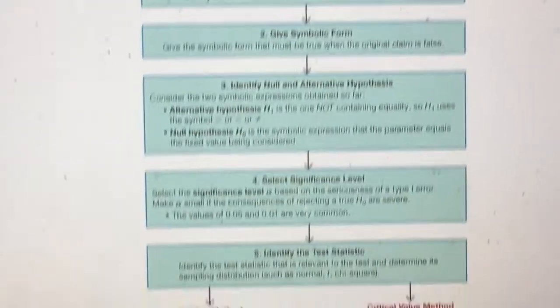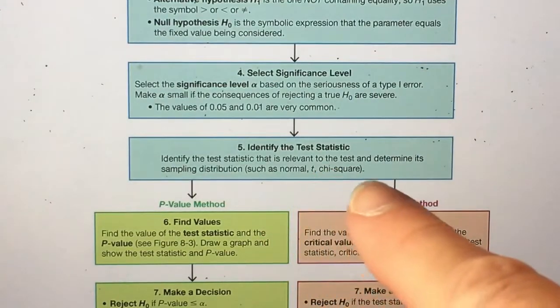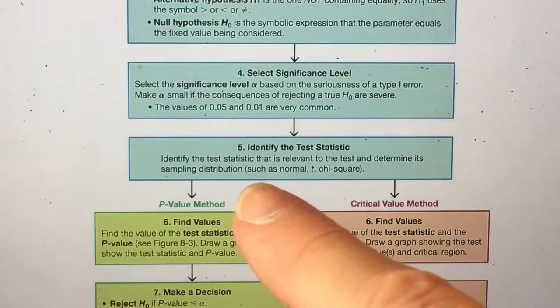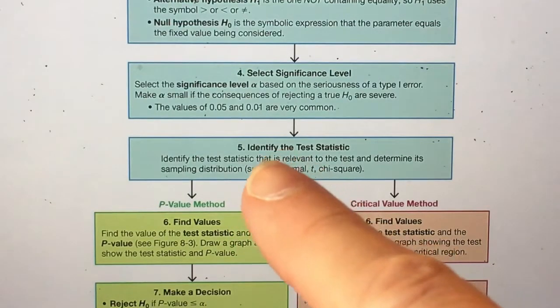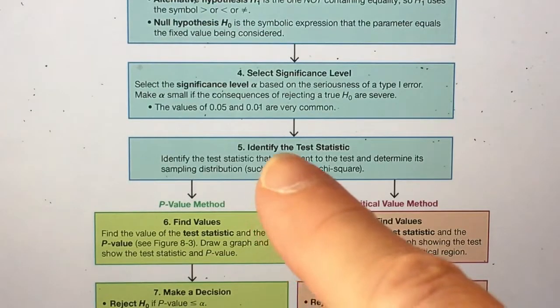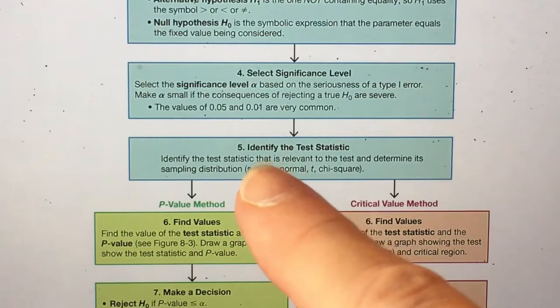Now let's move down a little bit. And step 5, identify the test statistic. The test statistic is going to be either the proportion, which can also be a percentage, or it might be the mean.